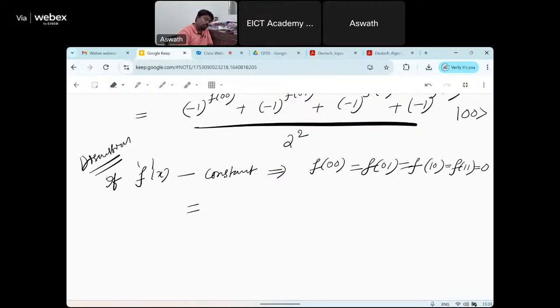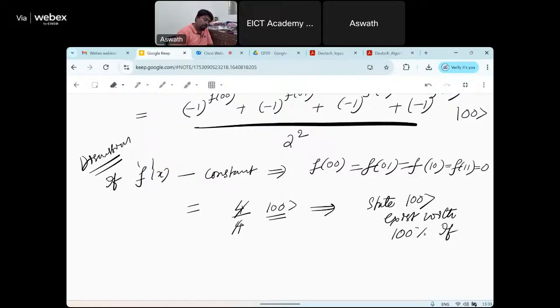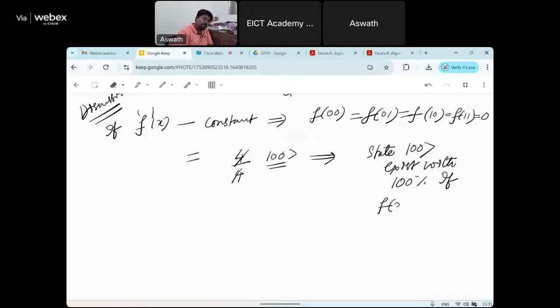So I will get 1 plus 1 plus 1 plus 1, that is 4. 4 divided by 4 is equal to 1. So the probability amplitude is 1, which means the state 0 0 exists with 100% probability if f of x is constant, taking values zeros.